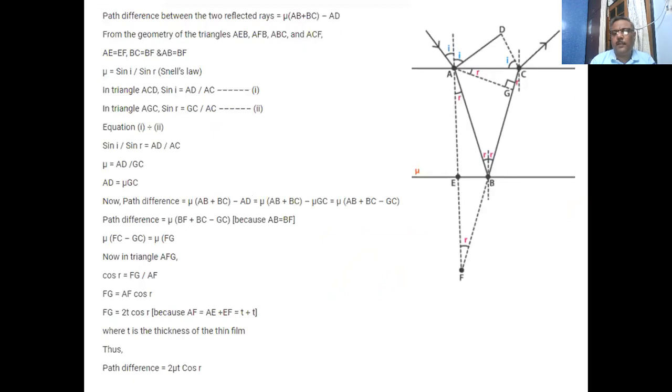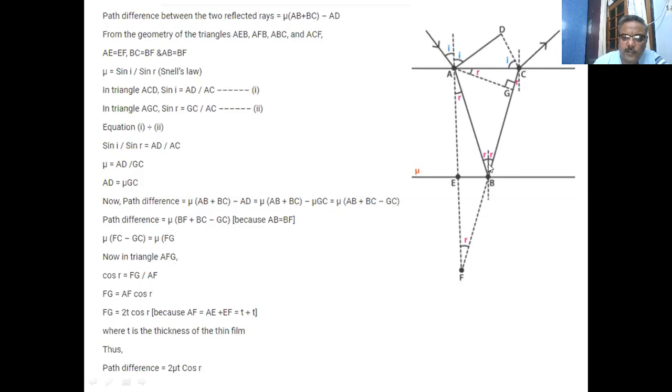So we need to calculate the path difference between the two lights. This is the incident ray, part of which is reflected, and the other part is transmitted, reflected from the lower surface of the film, comes to the upper surface, and is transmitted back out. First we should see how much path the transmitted ray has traveled.